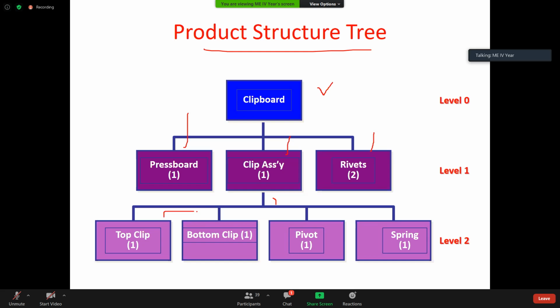By seeing this you can understand how many levels of parts are in the tree, and each tree has different assembly parts and disassembled parts, each part having a lead time and a different quality checking procedure. So these are different levels. Sometimes it will go to level 3 also.